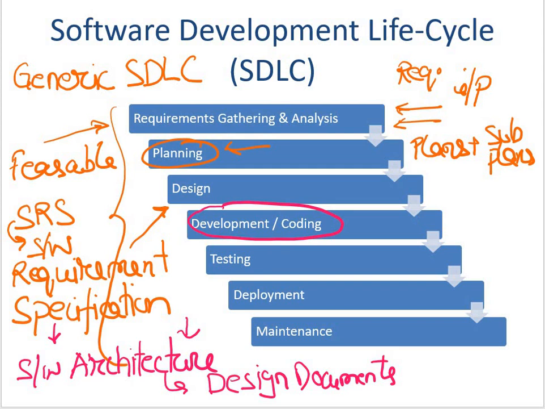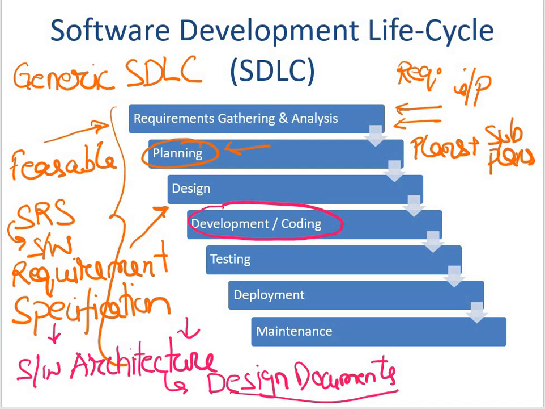Now the role of the programmer comes into the picture. I'll refer to the detailed design documents, and based on that I'll start coding. I'll use class diagrams in order to come up with the class structures and all.